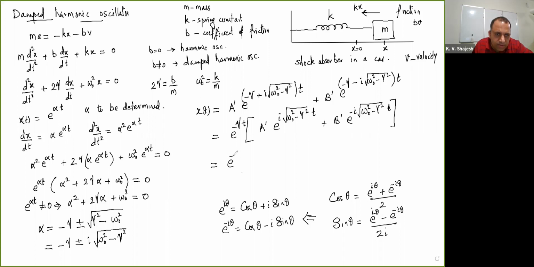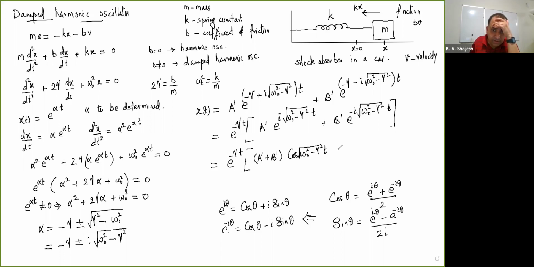That allows me to write my solution as exponential of minus gamma t times, so that will be cosine and cosine in there. So this will be a prime plus b prime times cosine of square root of omega naught square minus gamma square t. And I also have an i in there.